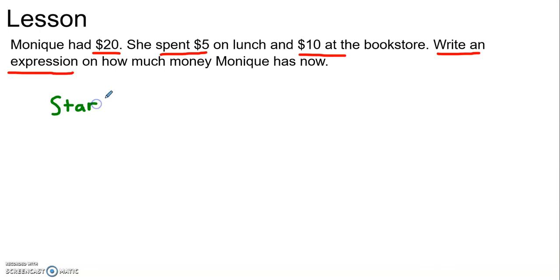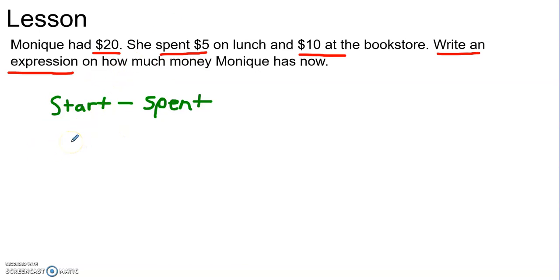That's the first sentence. I obviously have to minus what she spent, right? But she spent $5 on lunch and $10 at the bookstore. So I'm minusing how much she spent. And that'll give me how much she has left. Here, she's not finding anything or spending anywhere else, so I know that that is all I need to do.